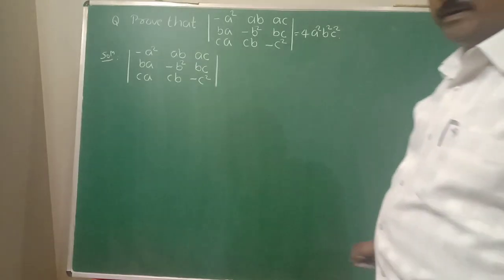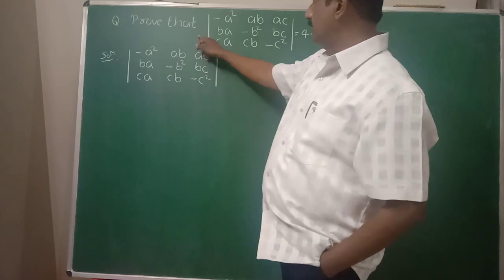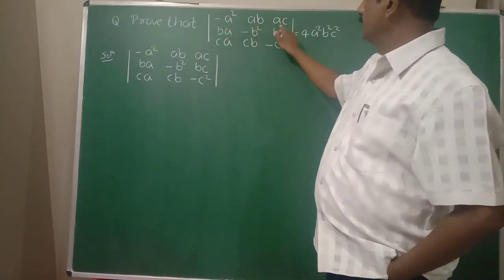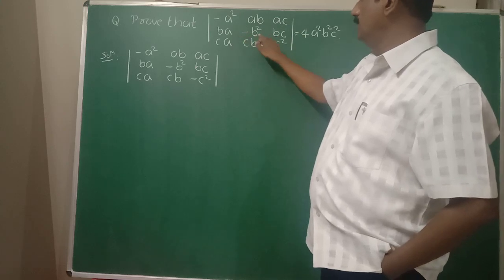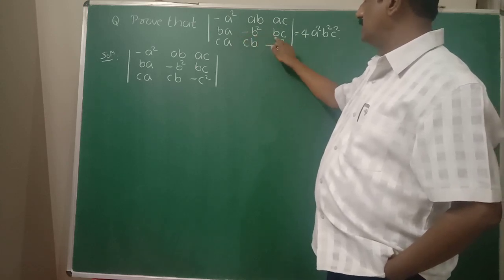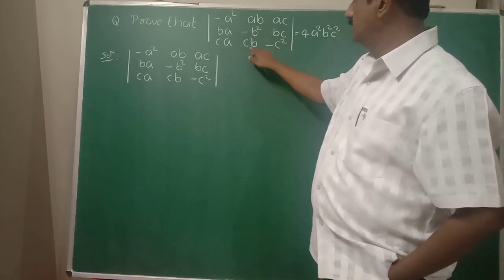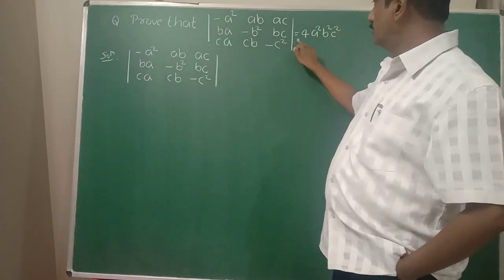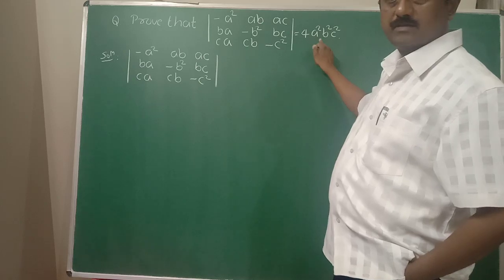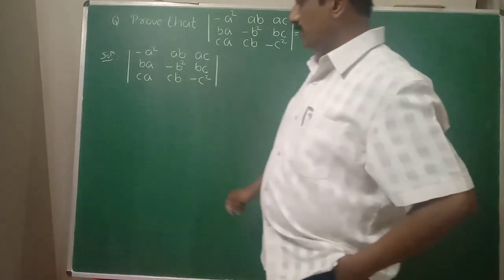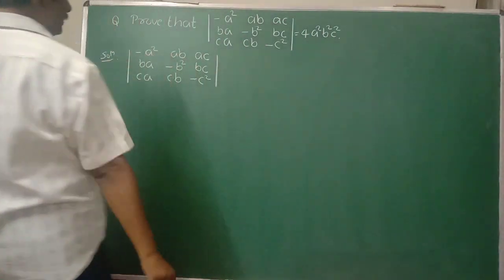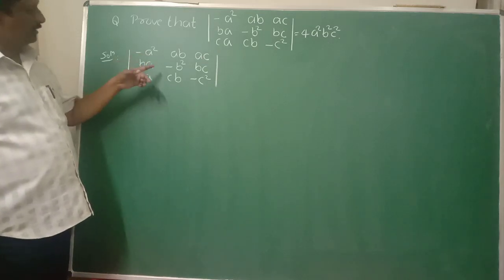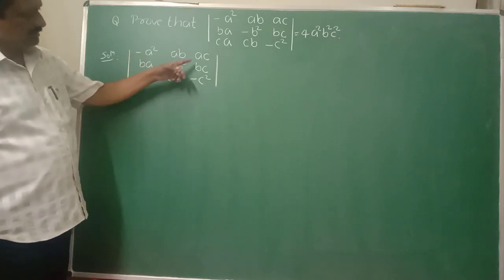Next example. Minus a square, ab, ac; ba, minus b square, bc; ca, cb, minus c square is equal to 4 a square b square c square. Therefore, this is the given determinant. You take a common factor from the first column, b from the second column, c from the third column.